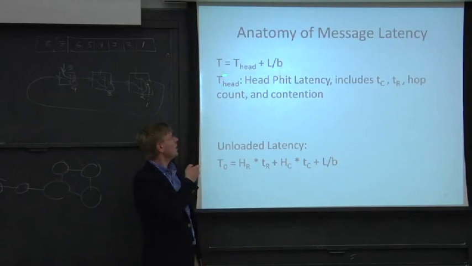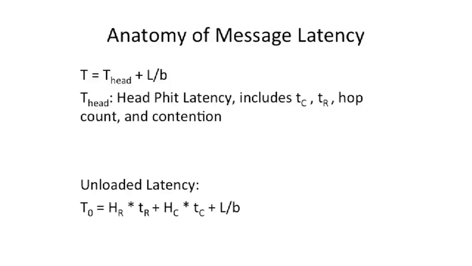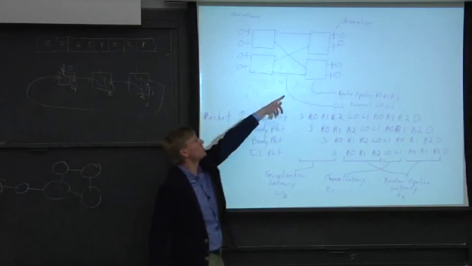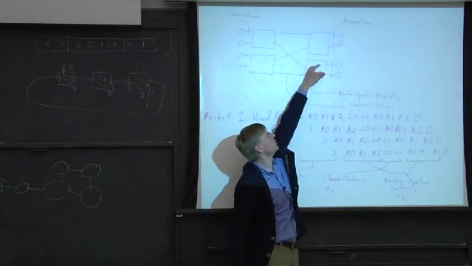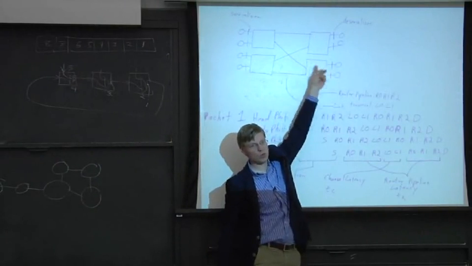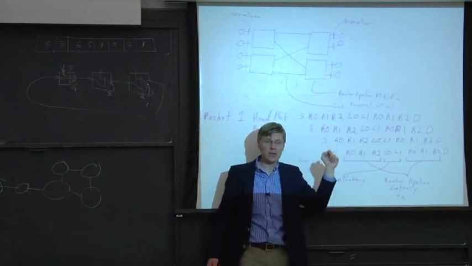Now, T head has our TC and our TR and the number of hops, but it also has something here that is a contention, which we haven't shown. So in this network here, there was no contention. This was an unloaded network. There were not multiple nodes or multiple messages trying to use any one given link in this design. But that can happen.